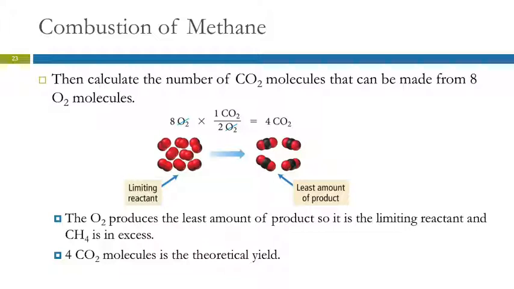And what happens to the extra methane? It's still there, but it can't react because we ran out of oxygen. So oxygen in this case is our limiting reactant. Our theoretical yield would be 4 molecules of CO2. Any questions?